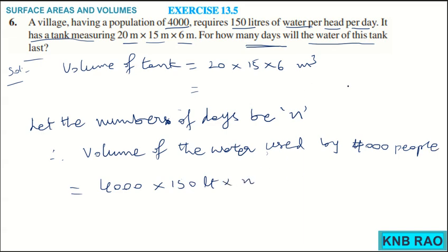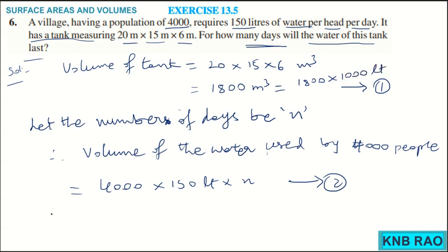Now whatever volume I get here in liters, I have to equate them. Here 15 into 30 is 300, and 300 into 6 is 1800 meter cube, and converted into liters it is 1800 into 1000 liters.